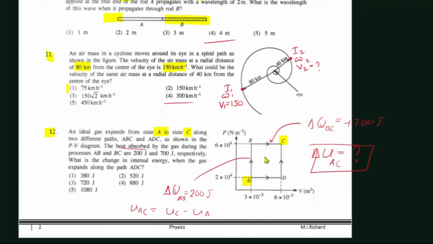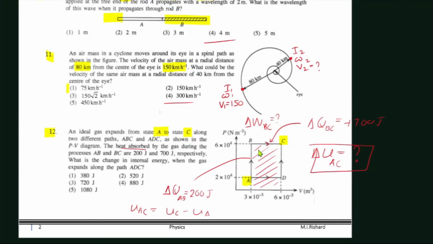To solve this problem, what I'm going to do is initially find the work done by the gas in the B to C process.